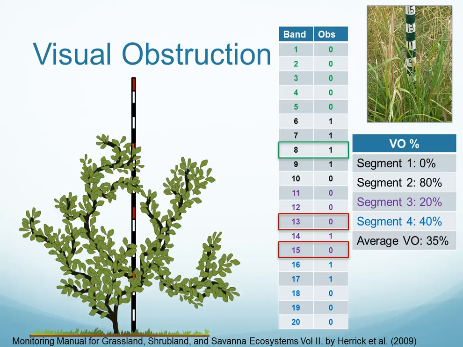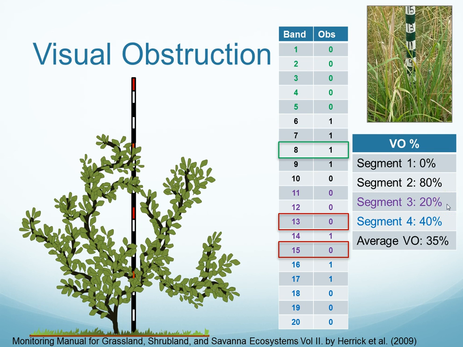To look at how these data are then calculated and interpreted, we do it on a segment by segment basis. So for segment 1, 0 out of 5 bands were obstructed, so that's 0% obstruction. Segment 2 had 80% obstruction because 4 bands were obstructed.